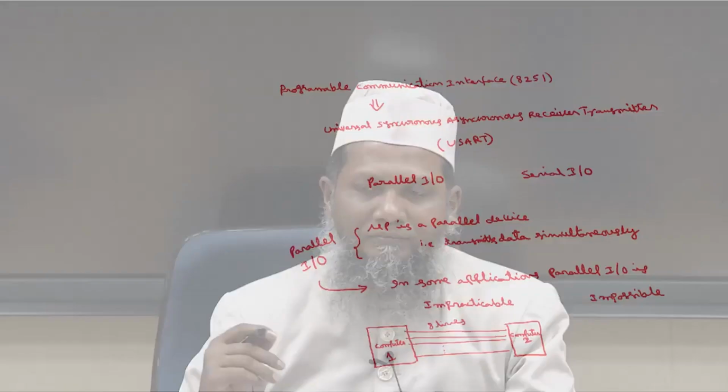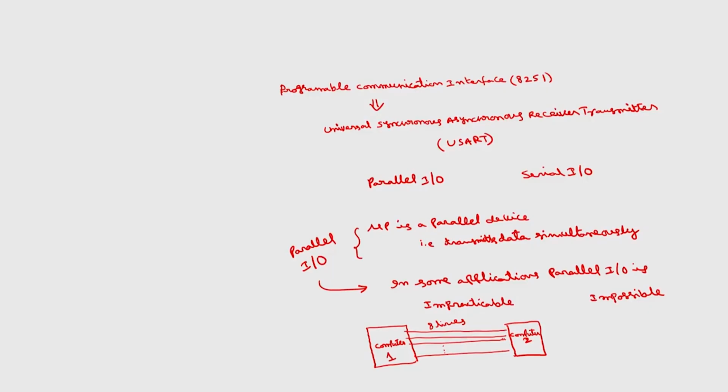If the distance is hundreds or thousands of kilometers, then the installation cost of these wires will be very large. We cannot afford that much cost. So this is somewhat impracticable. Still we can establish it if I compromise on cost, but it is not a good solution.